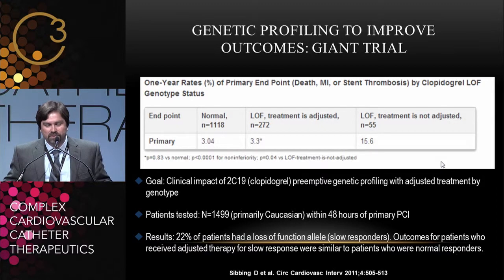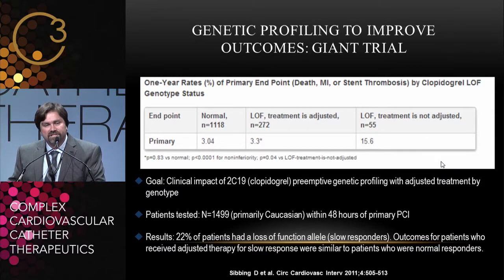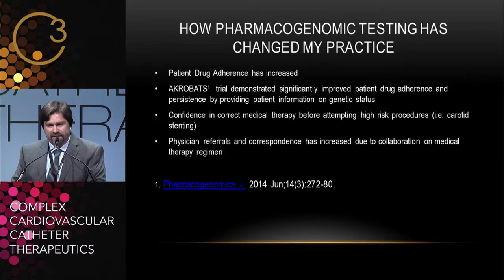It showed that 22% of patients had a loss of a functional allele, deeming them slow responders to clopidogrel. However, they adjusted the medication, and they noticed that the patients who were normal responders and the adjusted slow responders had actually the same results. The study wasn't that large. However, I think it's significant enough to consider.